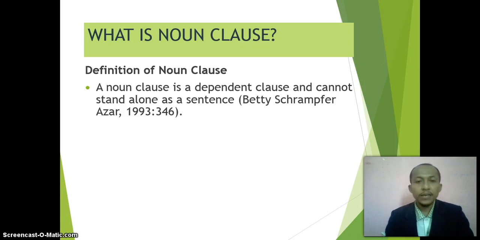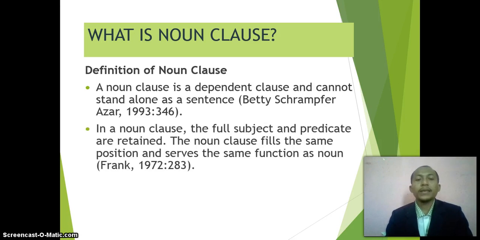Dependent means it can't stand alone, kalimat klausa yang bergantung, yang tidak independen. In a noun clause, the full subject and predicate are retained. The noun clause fills the same position and serves the same function as a noun.